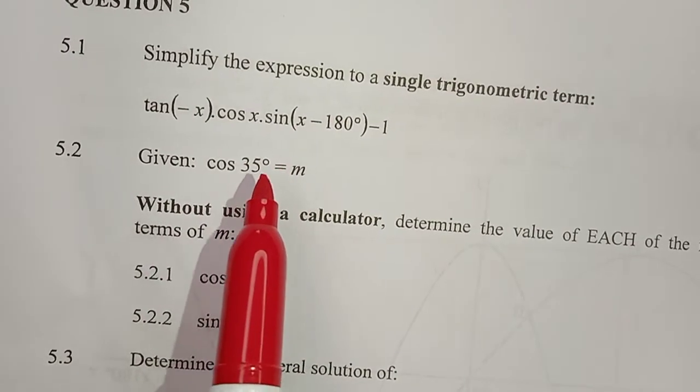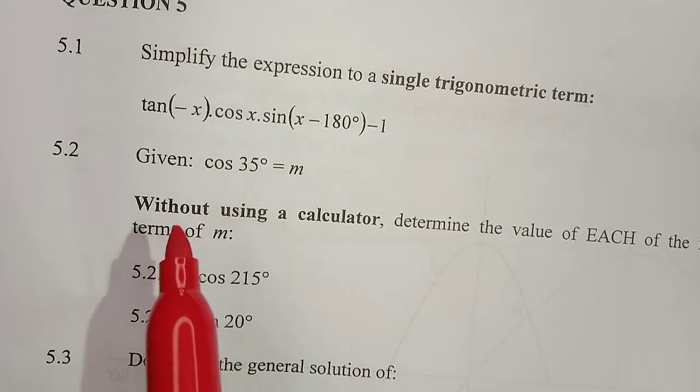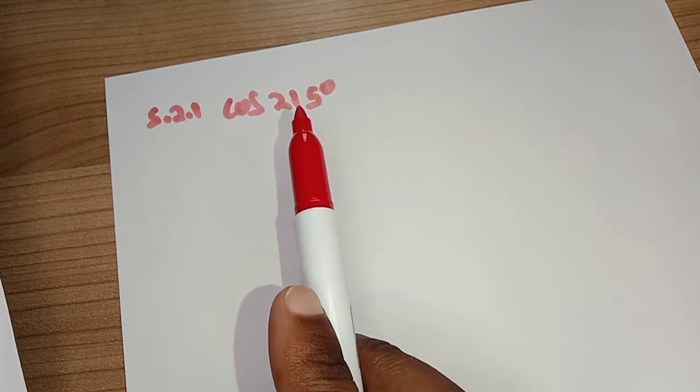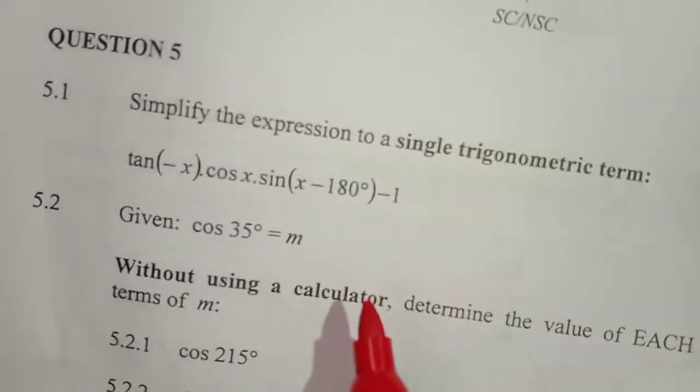Since we are given a special angle of 35 degrees, we can try to use it. We can try to express 215 degrees in terms of a quadrant angle and 35 as a special angle.